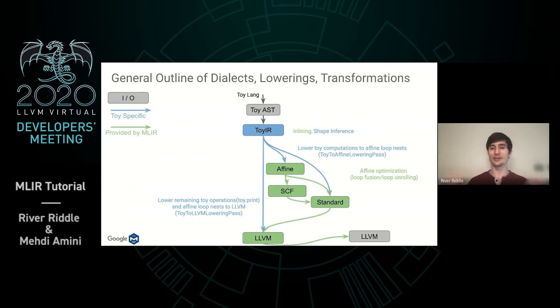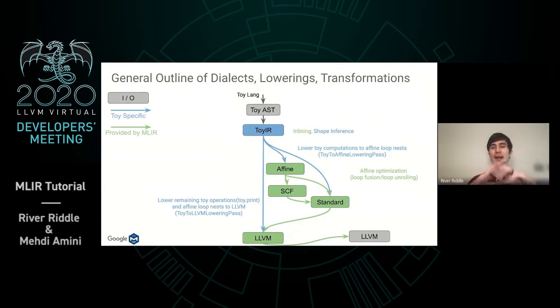So for example, this SCF is a structured control flow dialect. It has loops in a very similar form to the affine dialect, except they don't have as many constraints. That means the SCF dialect's loop operations can be targeted by more dialects than just affine. So that makes the lowerings much more reusable.